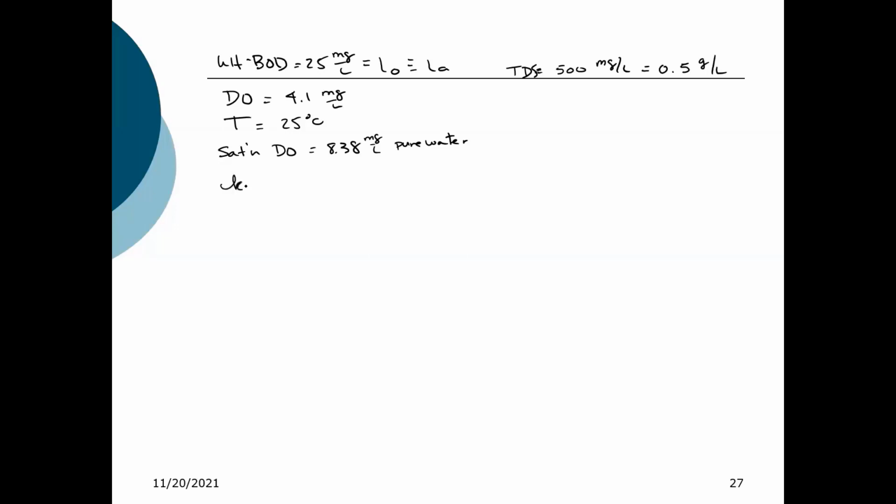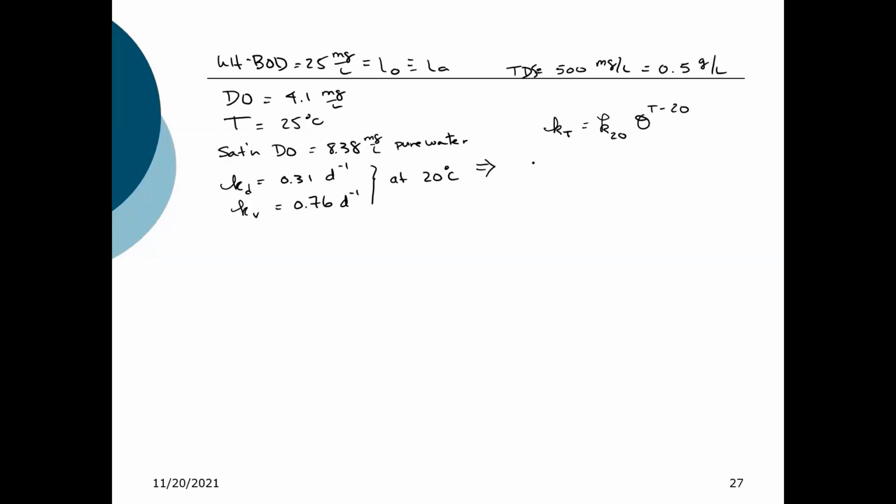And we're told that KD is equal to 0.31 inverse days, KR is equal to 0.76 inverse days, and both of those are determined at 20. We need to adjust both of those values for temperature, and KT is equal to K at 20 degrees times theta to the T minus 20.